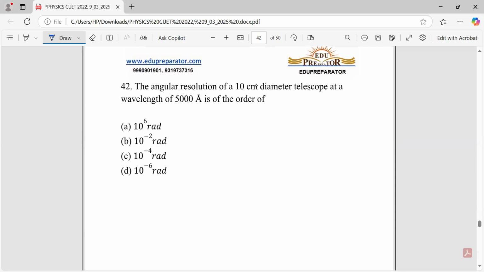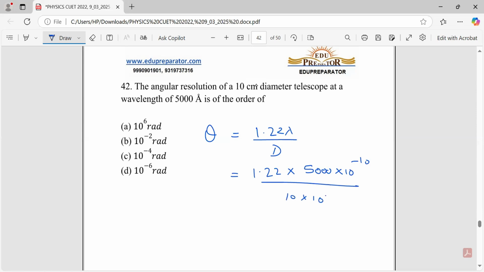Again, this concept of resolving power you will have not done. So just keep this point in mind that angular resolution is equal to 1.22 lambda upon the diameter. So you have 1.22, lambda is given to us 5000 angstrom. This is 10 into 10 is power minus 2.